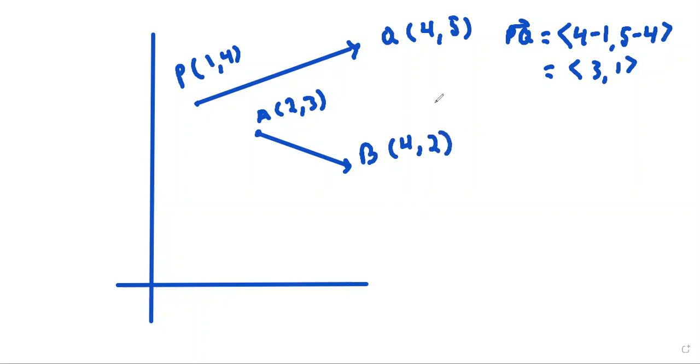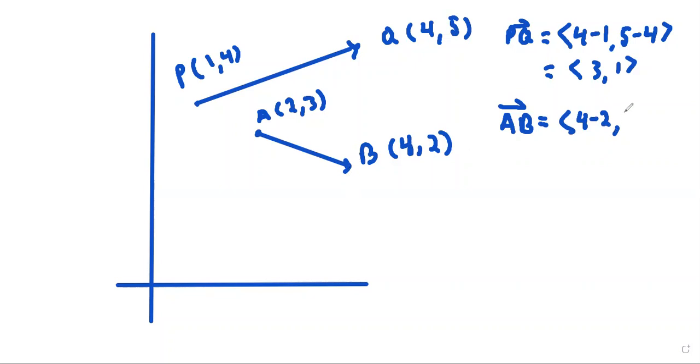So let's put AB into component form now. So AB now would be, if I was to subtract their x coordinates, this distance from here to here is the x. That'd be 4 minus 2, comma. Now 2 minus 3. It's always the endpoint being subtracted from.